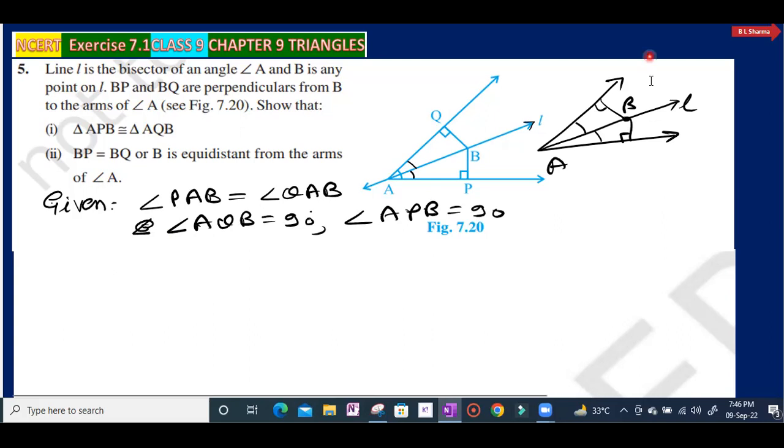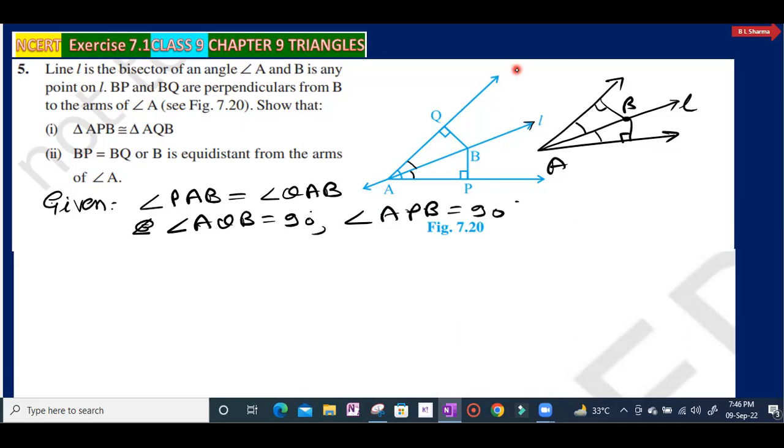Perpendicular means when you draw perpendicular from B to this arm, this BP is perpendicular. ये B से इस आर्म पे परपेंडिकुलर डिस्टेंस है BP. B से इस आर्म पे परपेंडिकुलर ड्रॉ करेंगे तो this angle is 90, this angle is also 90 degree. This is given.